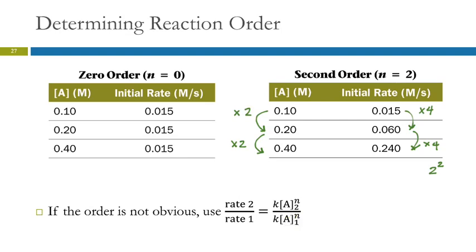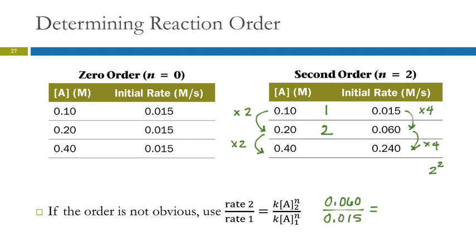So let's do this for that second order reaction, because the exponent is not super obvious, is it? So I'm going to use this as 2, and this will be rate 1, this will be rate 2. So I'm going to take rate 2, which was 0.060, and divide by rate 1, 0.015.